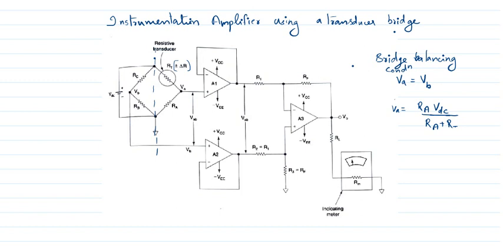Next we consider the other side of the loop. Then we will get VB. VB will be equal to RB VDC divided by RB plus RC. So this is the equation for VB. Then we can equate for the reference condition, bridge balance, VA equal to VB.